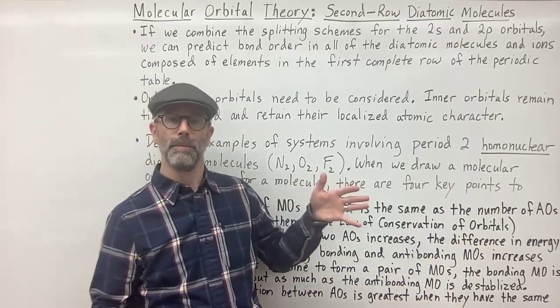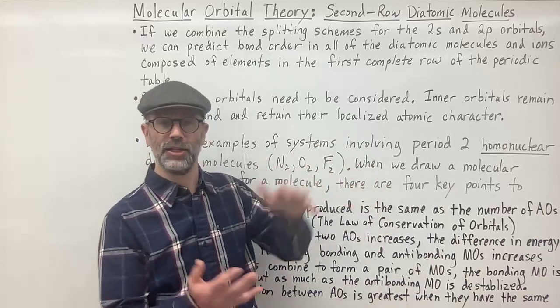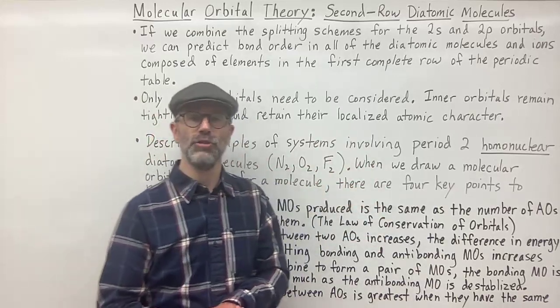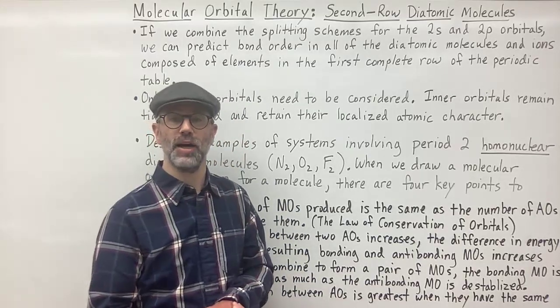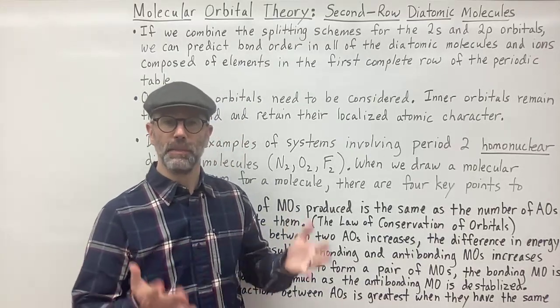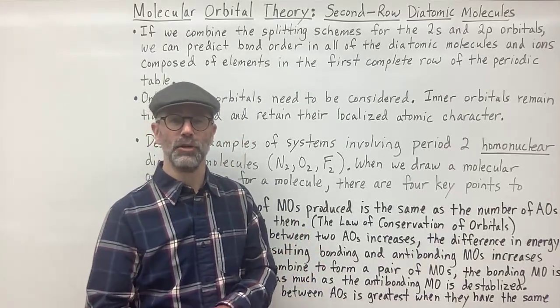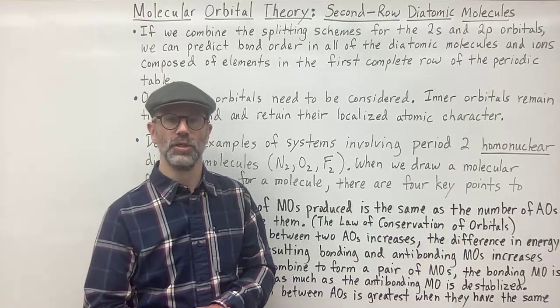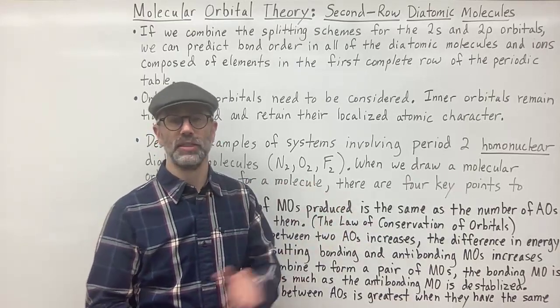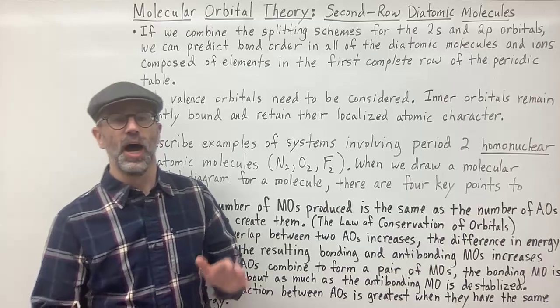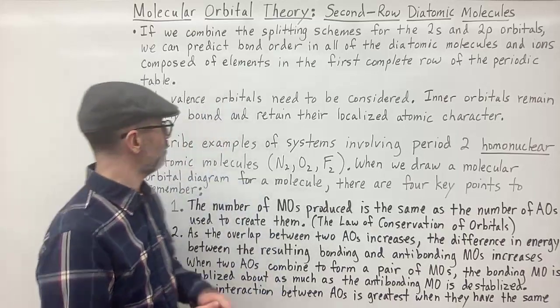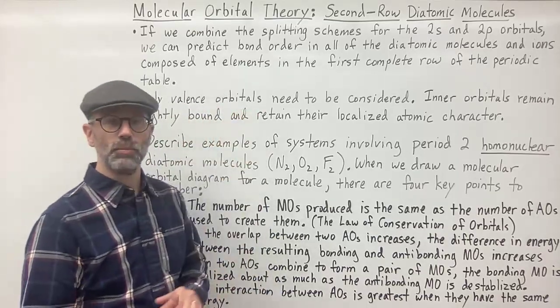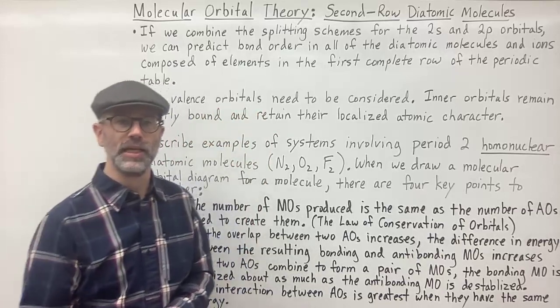Well, we could take both of those and put it together, and then we could use that to predict the bond order of the diatomic molecules of that row of elements, the second row of elements. So the other thing to remember is that only valence orbitals really need to be considered in this.